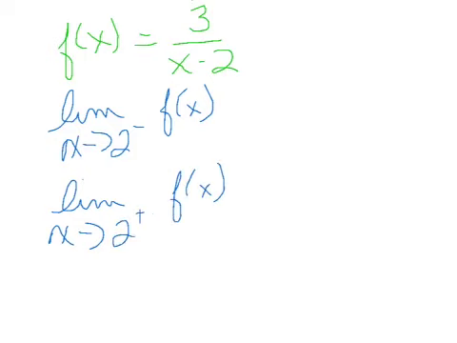Now, this is a function that we have looked at several times, the basic function. So, as x approaches 2 from the left, what do you think is happening to the graph of that function? What happens when x is 2?